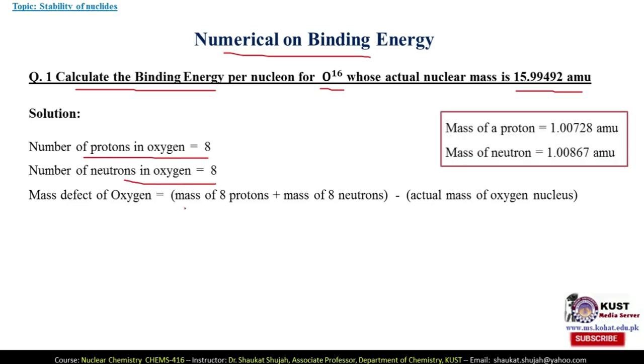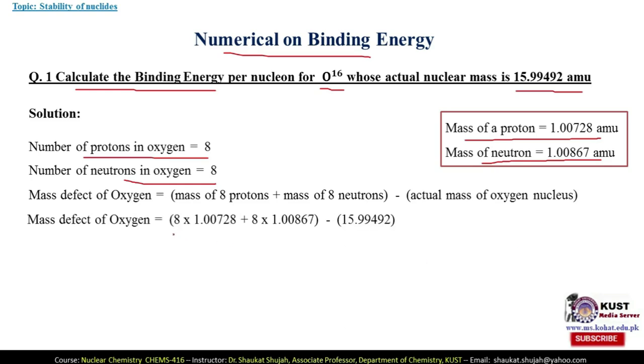So by using this information along with the mass of proton and mass of neutron value in AMU, we can calculate the expected mass of nucleus by adding up the masses of 8 protons and 8 neutrons, and then we subtract the actual mass of the nucleus from the calculated mass, and the answer which we get is 0.13701 AMU.